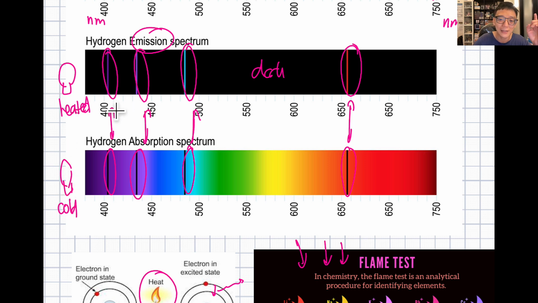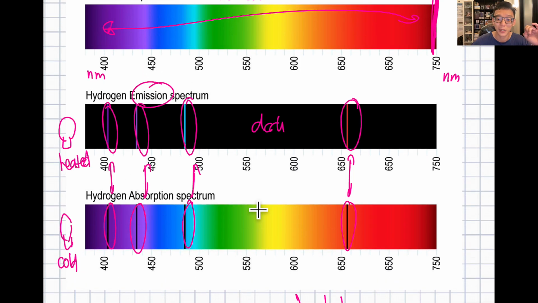But remember, if you heat a gas, you will observe an emission spectrum, meaning colored lines on a dark background, while if you cool a gas, you will observe an absorption spectrum, or missing lines, dark lines on a continuous spectrum background.